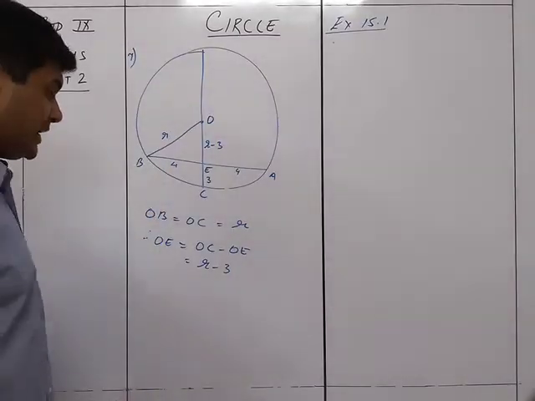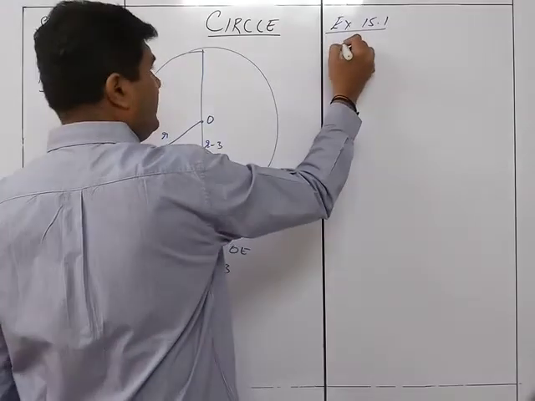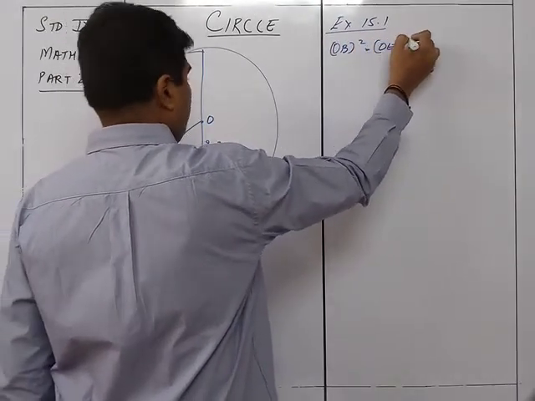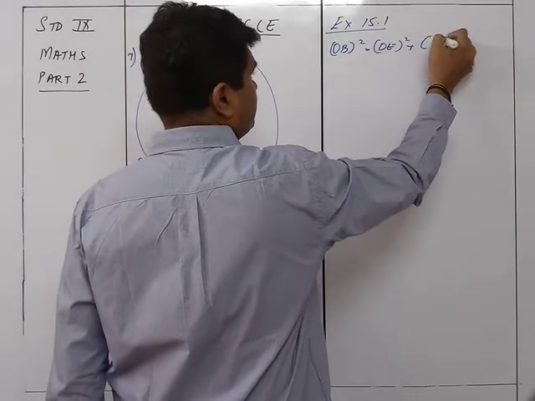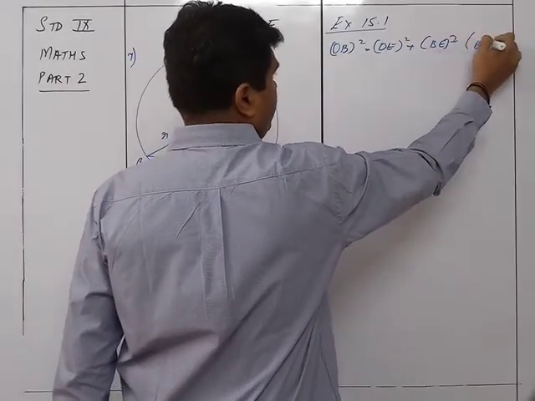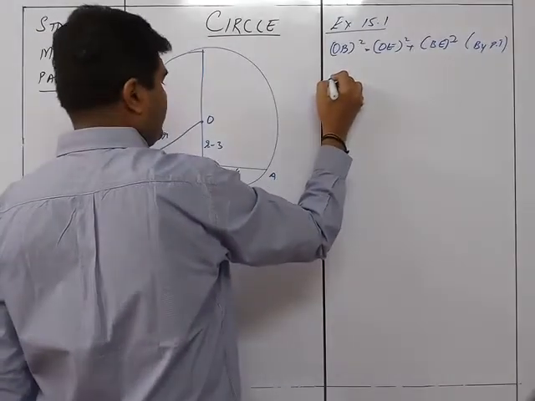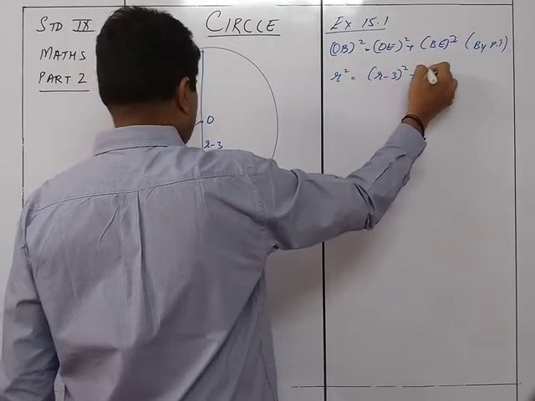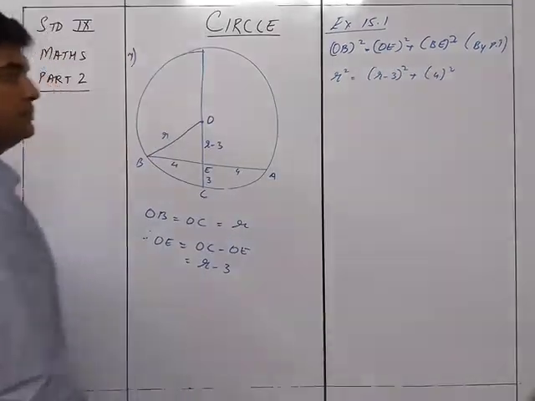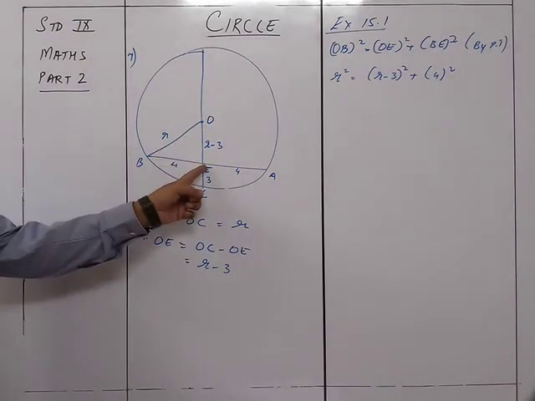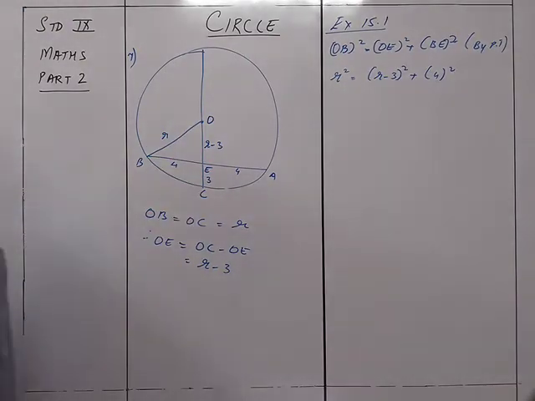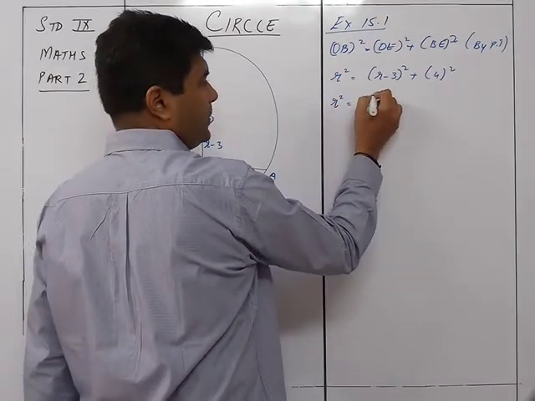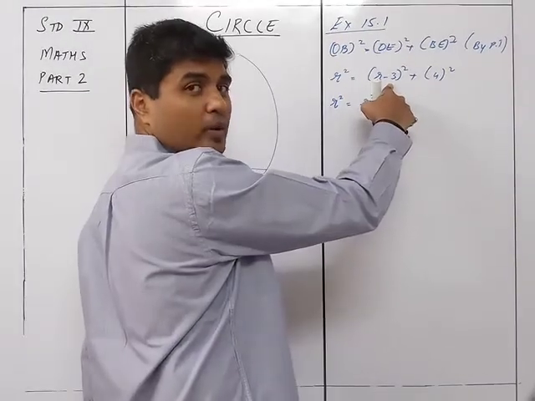Now I can use Pythagoras theorem over here. So I know that OB square is equal to OE square plus BE square, by Pythagoras theorem. So this gives me R square is equal to R minus 3 the whole square plus 4 the whole square. Got it? This is R square, this is R minus 3 and this is 4. So this gives you R square is equal to, now this is (a minus b) the whole square, a square minus 2ab plus b square.